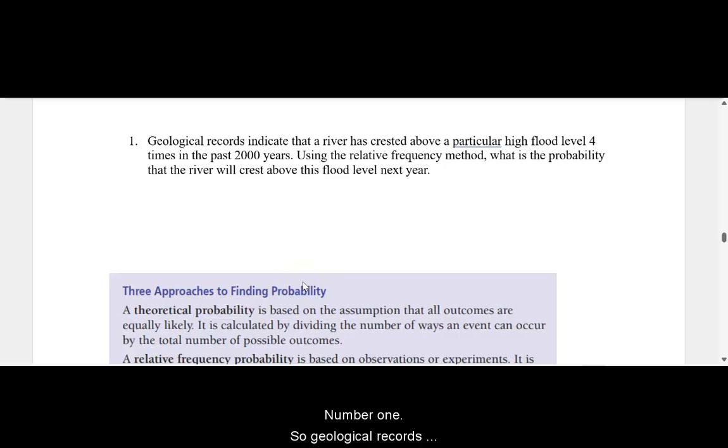Number 1. Geological records indicate that a river has crested above a particular high flood level 4 times in the past 2,000 years. Using the relative frequency method, what is the probability that the river will crest above this flood level next year?